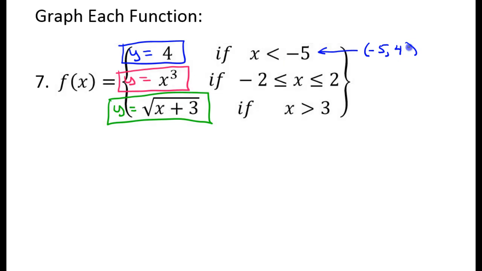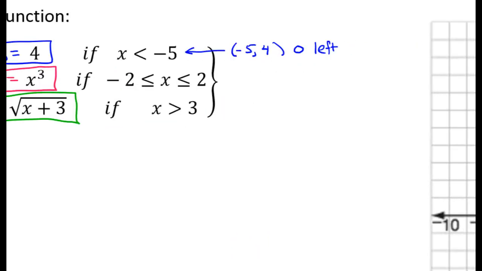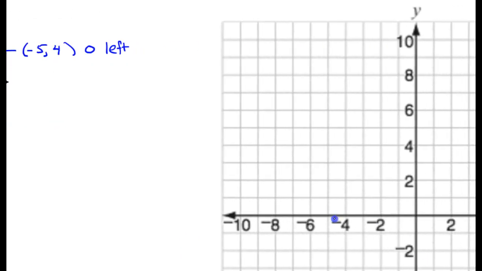This is going to be an open circle because we want the x values to be less than negative 5, not equal to negative 5. And we should be traveling to the left. Okay, we want the left part of this line. This is a linear equation. Because of the less than, that tells us that we want the left part. So let's do that. Open circle at negative 5 comma 4.